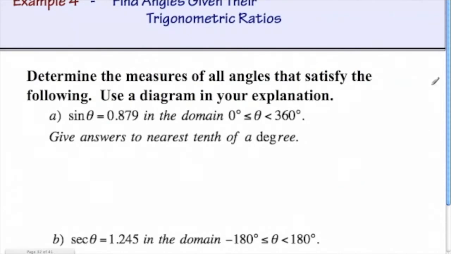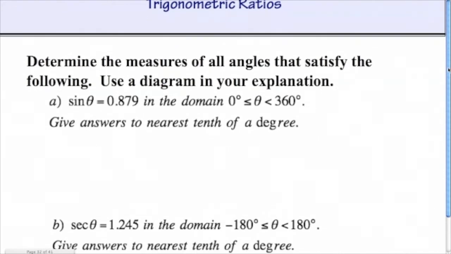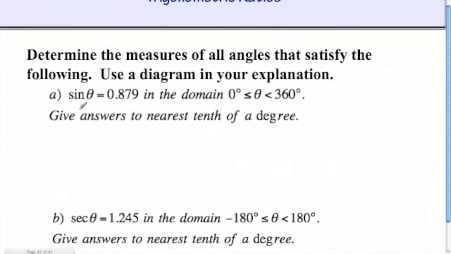All right, the next thing is we're going to be given the ratio, and now we have to find the angle. So how do we find the angle? Going back to grade 10, I hope you remember, this is the second button. You can hit the second button to get that.